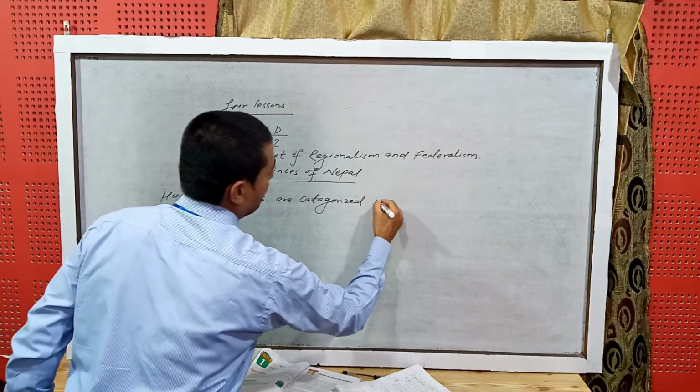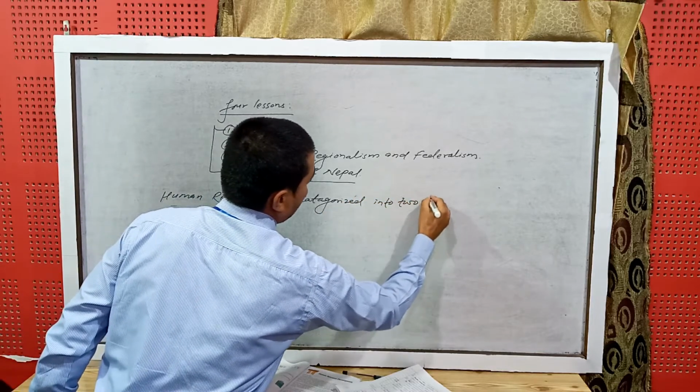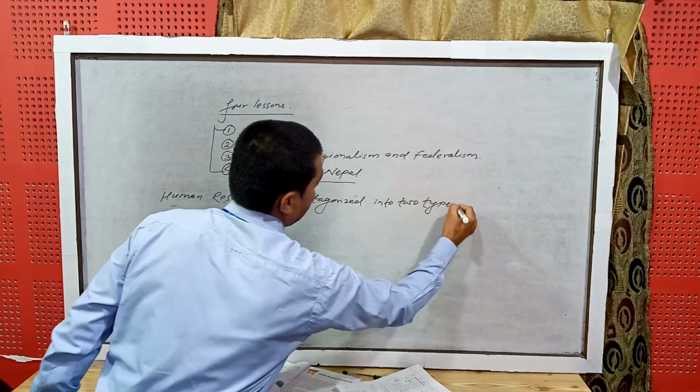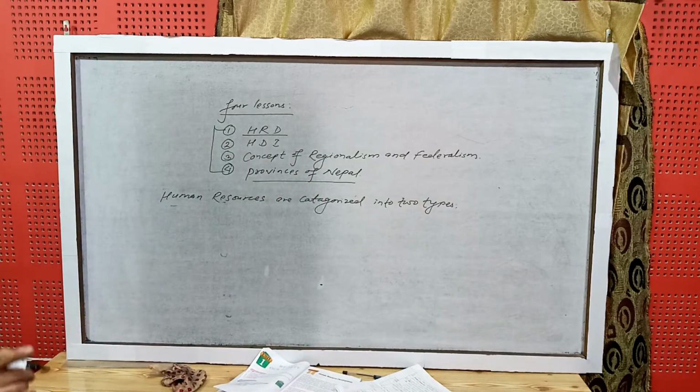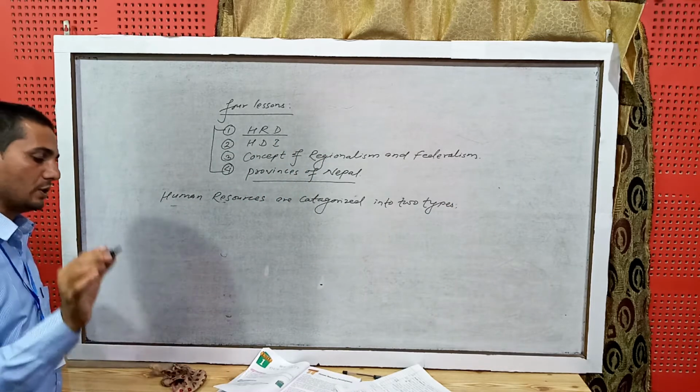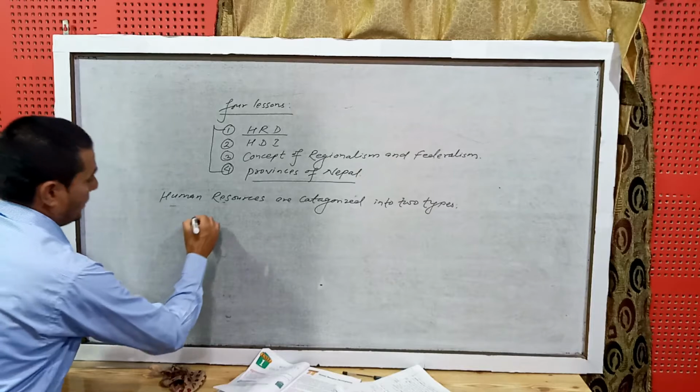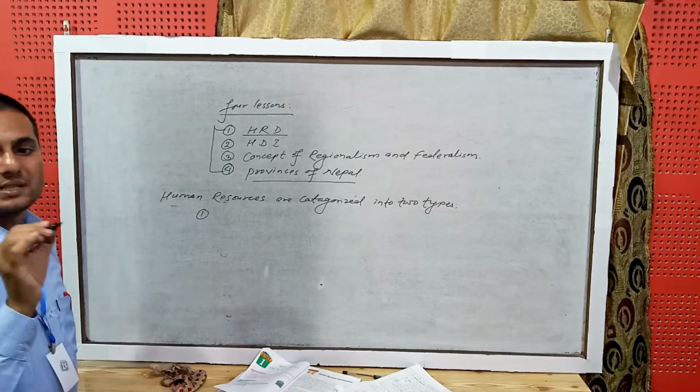Human resource are categorized into 2 types. Number 1, human resource on the basis of skill.